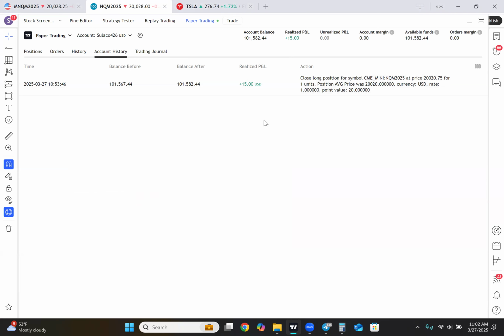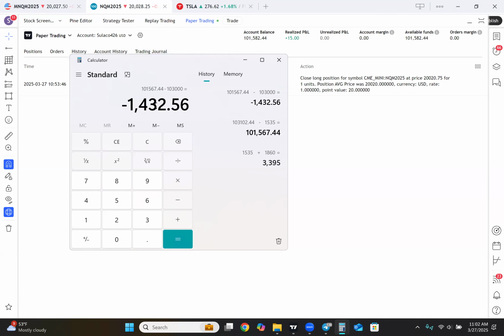What I need to do is bring this balance up to 103,000. So it's a difference of $1,432.56. I need to make that amount in order for my prop firm account to be moved to a live account, at which point I'll be able to start taking withdrawals.